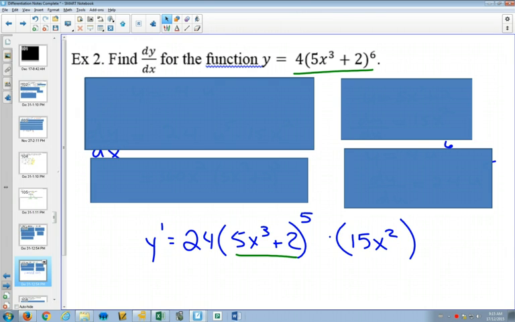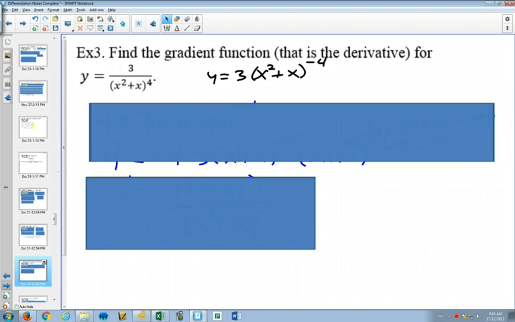And then if you wanted, you could simplify this. Most times we'll be allowed to leave it exactly like this. One of the strategies that we're going to use a fair bit for this is we're going to change our exponents.